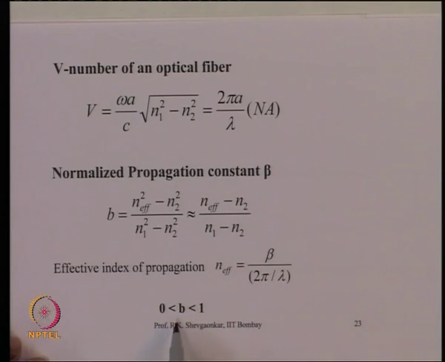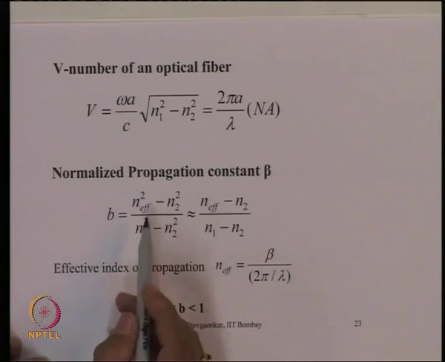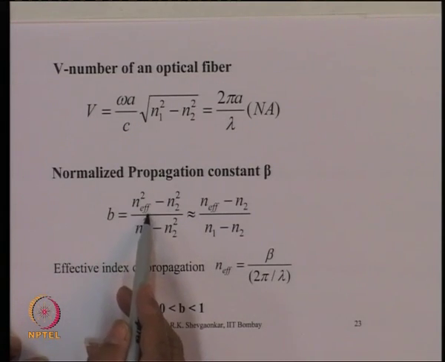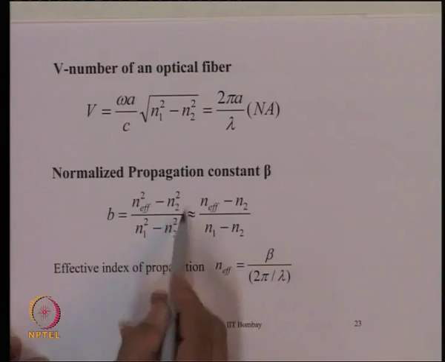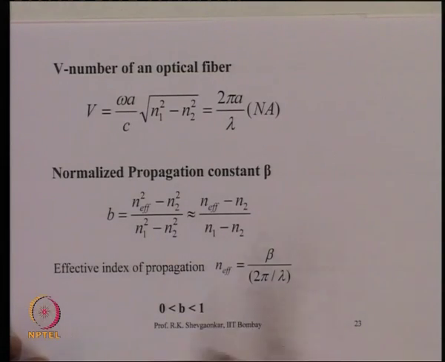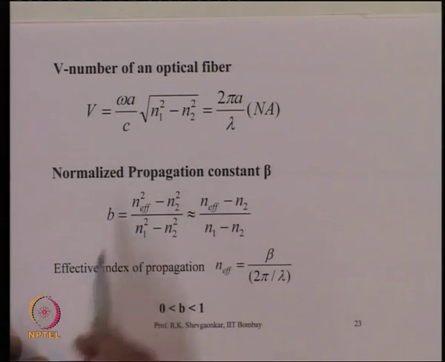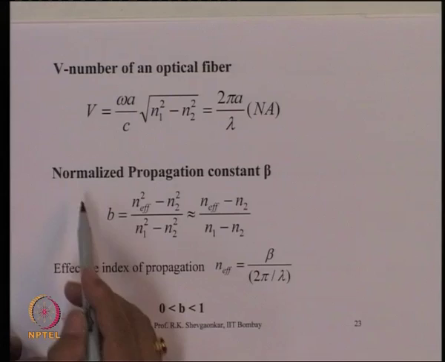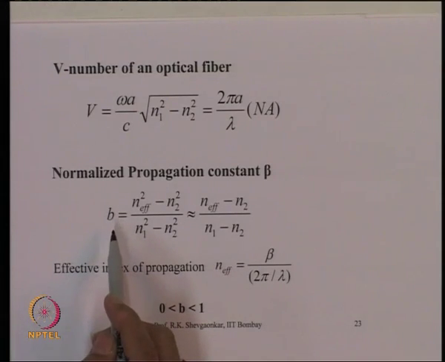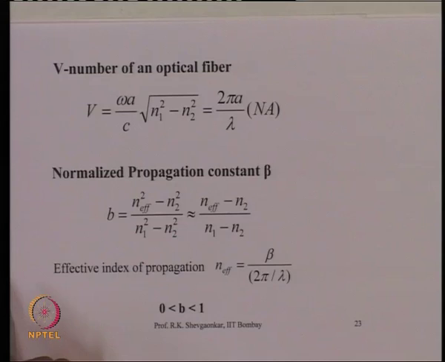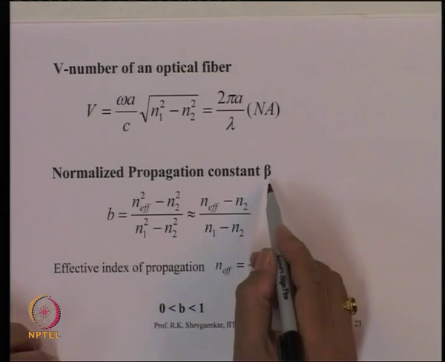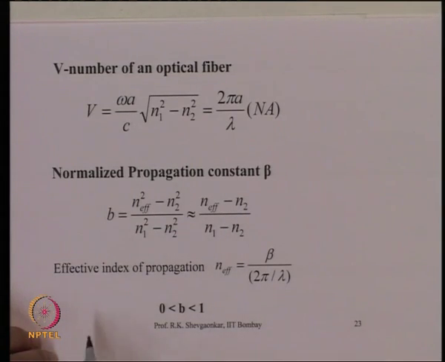This will always lie between 0 and 1, because at cutoff N effective will tend to N2, so this quantity will go to 0. When we go very far from cutoff, N effective will tend to N1, and that time this quantity will become equal to 1. That is the reason we call this quantity the normalized propagation constant. So beta will vary from beta 2 to beta 1, but this normalized propagation constant will always vary between 0 and 1, irrespective of what mode we are talking about.